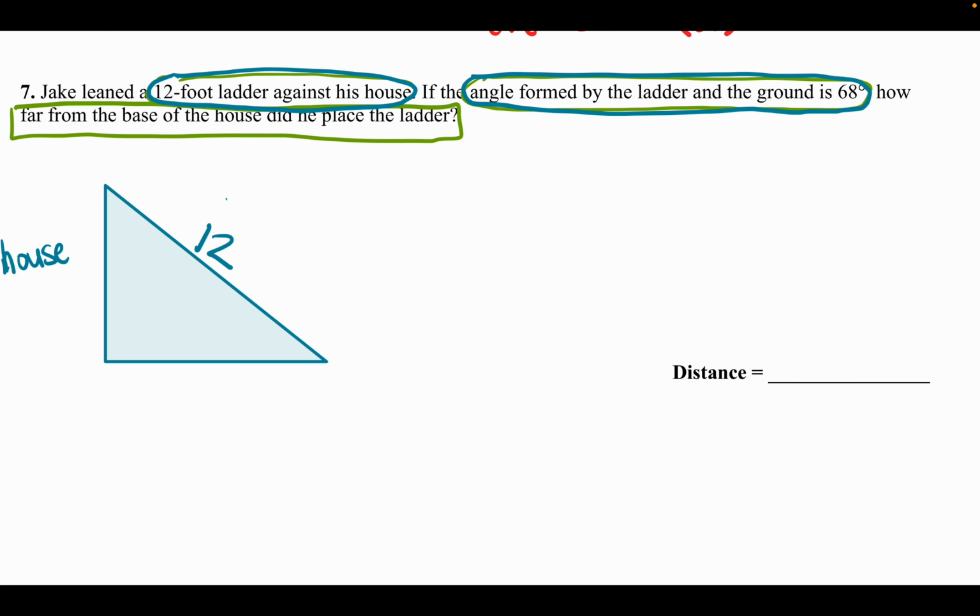So here's my house, here's my ladder, here's the ground. The angle formed by the ladder and the ground is 68 degrees. That means down here is my 68 degrees. Your house and the ground will make a right angle.